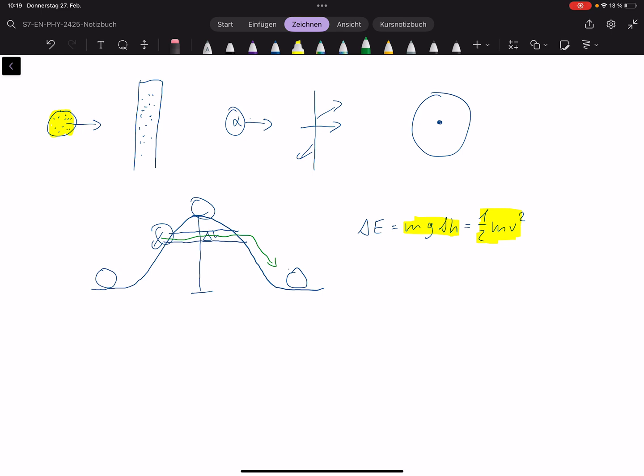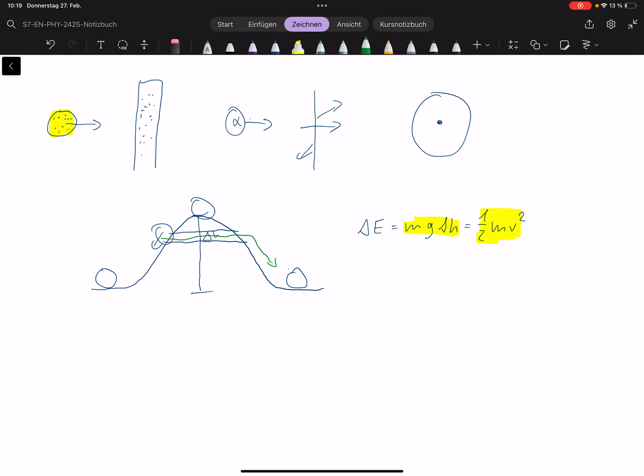And if we stay with that example, we would need a tunnel for the football to get from the left to the right side. So that's why it's called the tunnel effect.